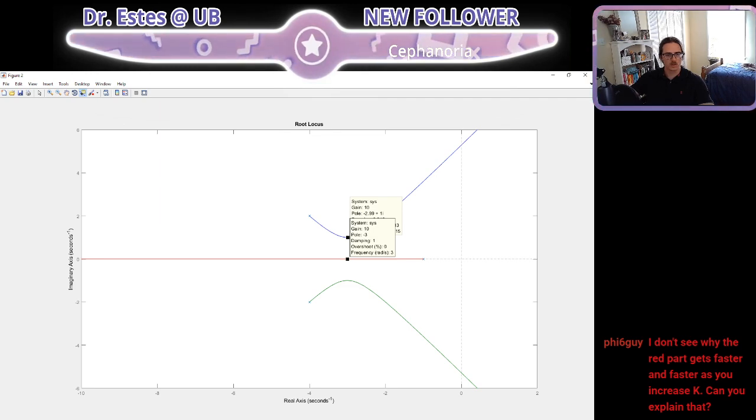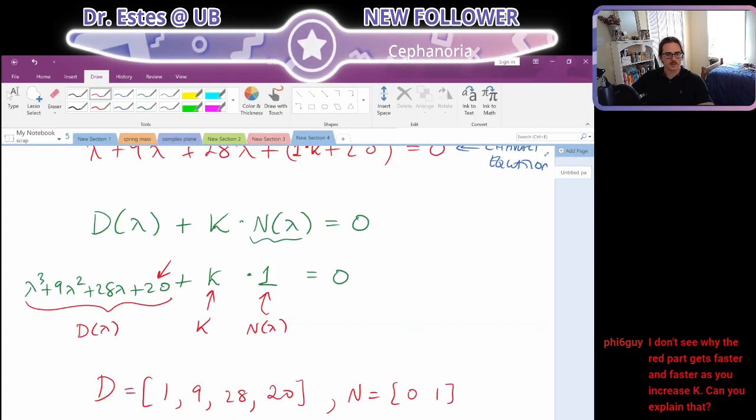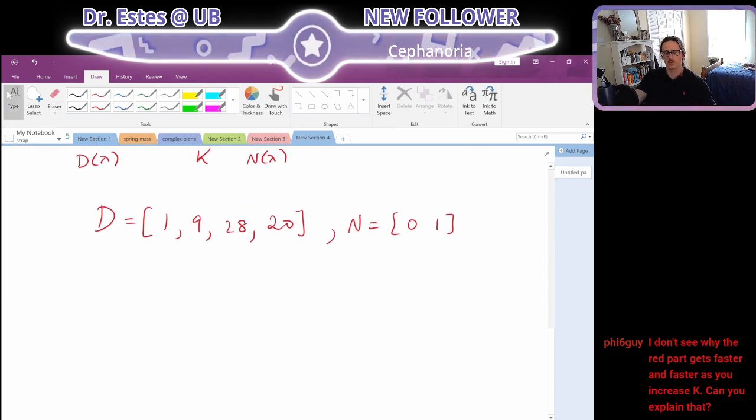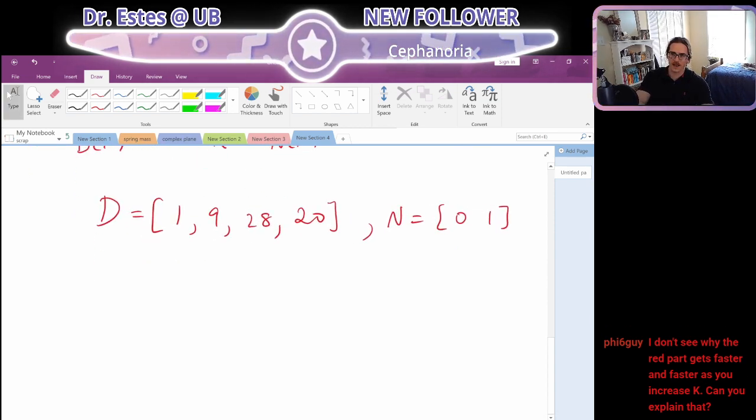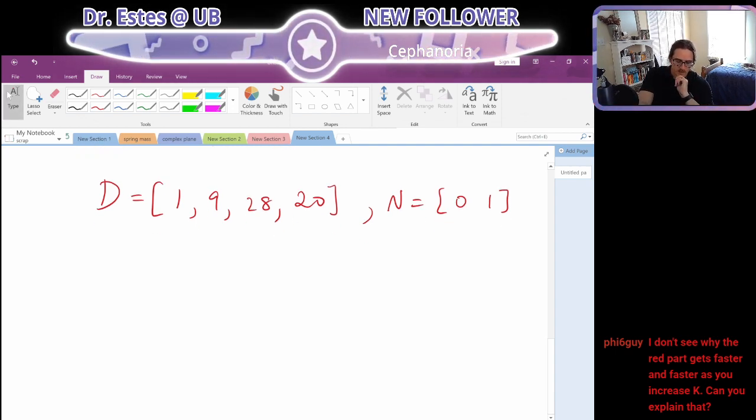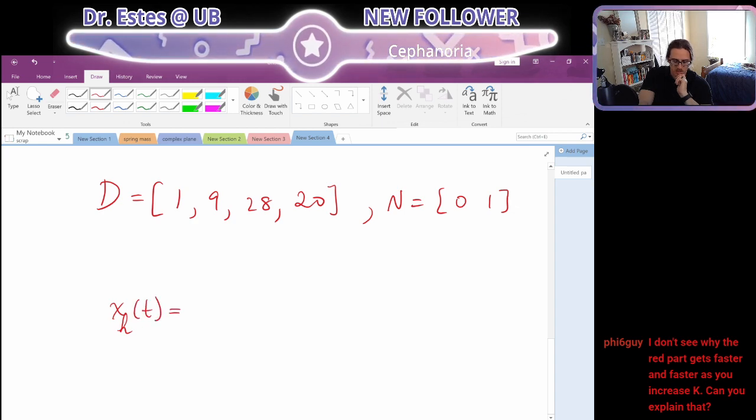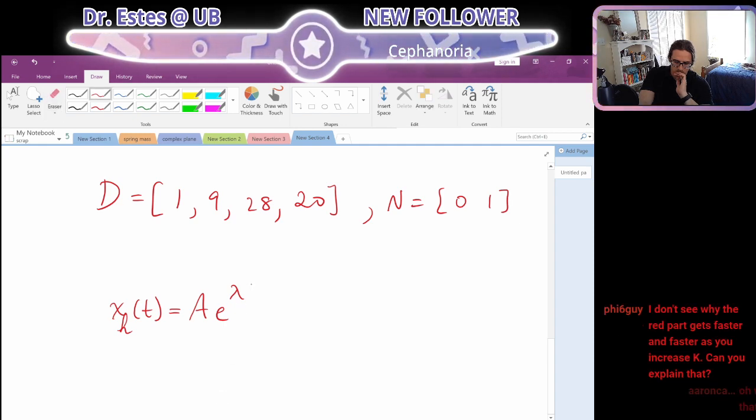So, when I'm saying a root is fast, that comes from the homogeneous part of a solution, which is like some constant times e to the root times t.